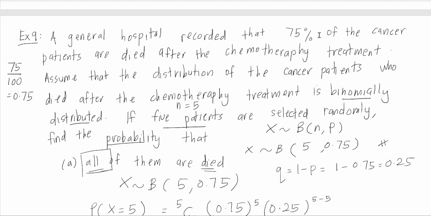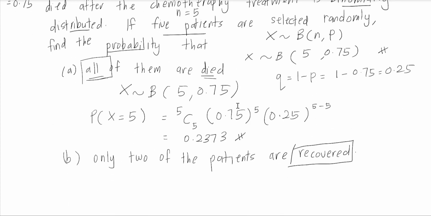We have 75%, that means 0.75 probability that patients died, but the question asks for patients who recovered. So for this question, we have two methods to solve. For the first method, we maintain our P as 0.75, for the patients who died. Then our Q is 1 minus 0.75, we have 0.25.